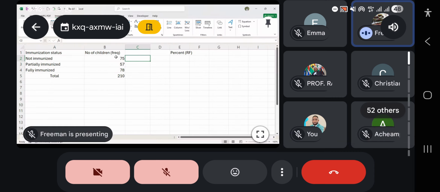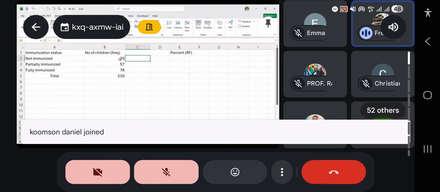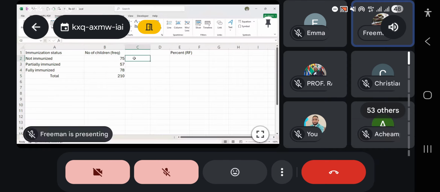So we are going to have 75 divided by 210, and you multiply by 360. So we say 75 in that cell divided by 210, and everything multiplied by 360.